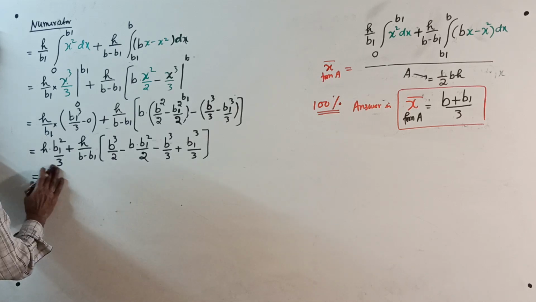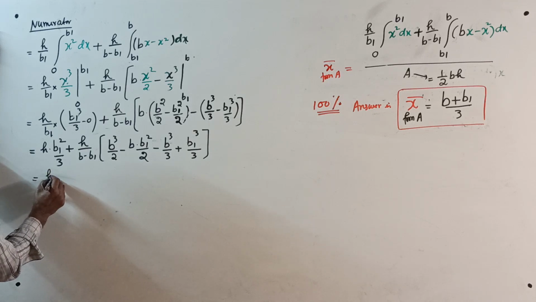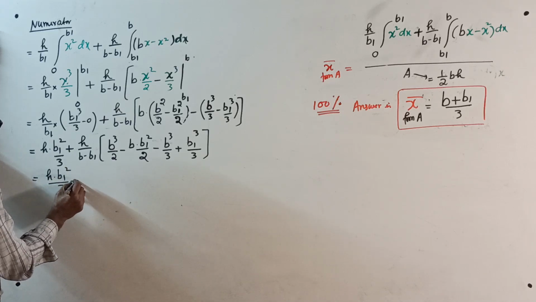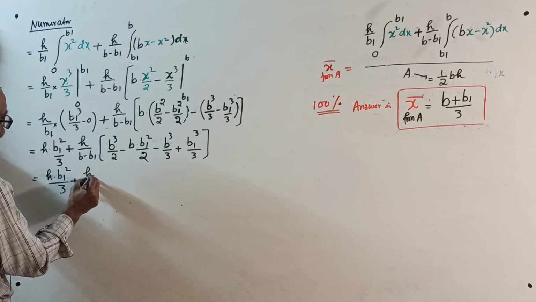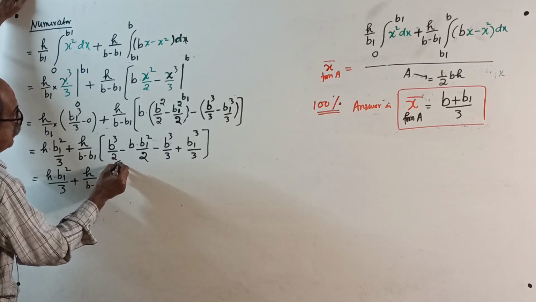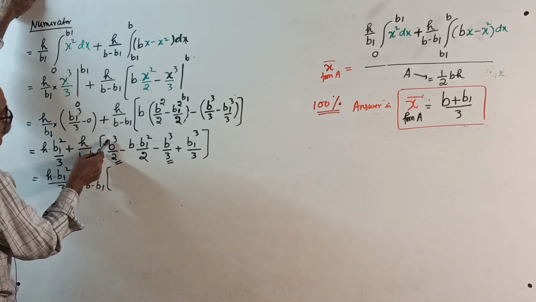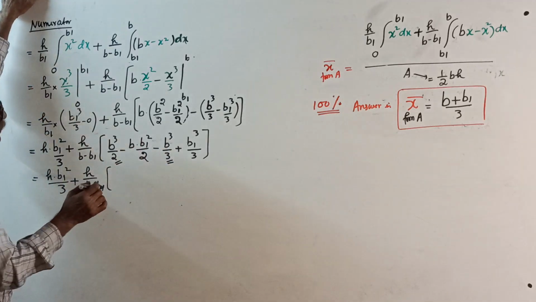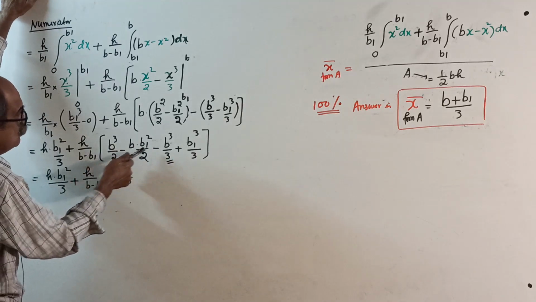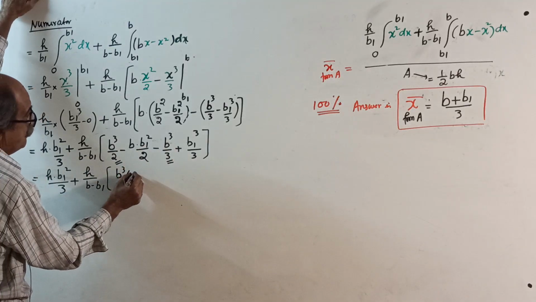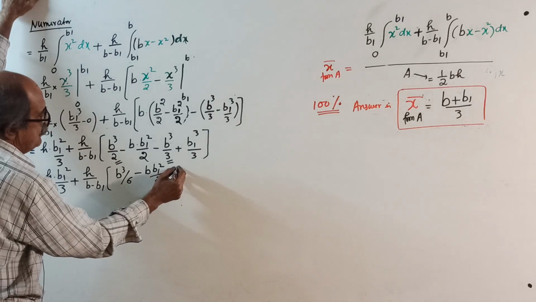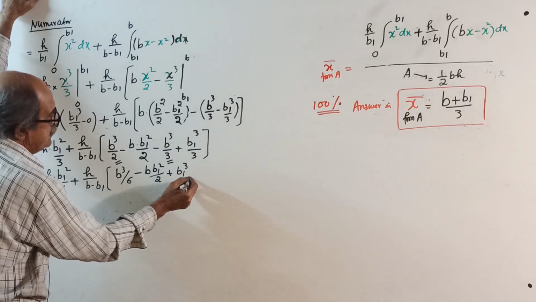This will be equal to h into b1 square by 3 plus h by b minus b1 into b cube by 2 minus b cube by 3. 1 by 2 minus 1 by 3, you should know mathematics, that is 1 by 6. b cube by 6, minus b1 square by 2 plus b1 cube by 3.